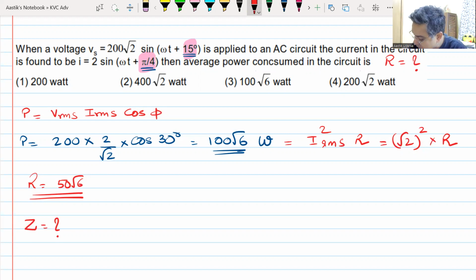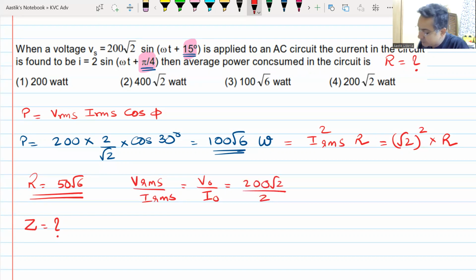VRMS by IRMS. So you can find it from VRMS divided by IRMS, or you can also divide V naught by I naught. Both are the same. So it will be equal to 200 root 2 divided by 2, so it becomes 100 root 2.